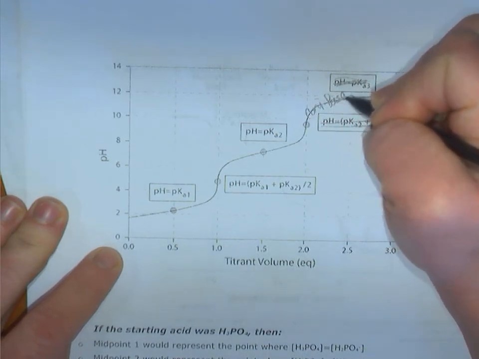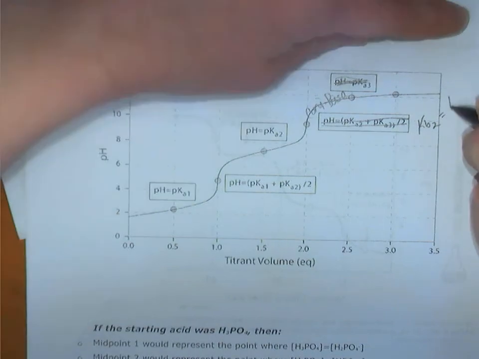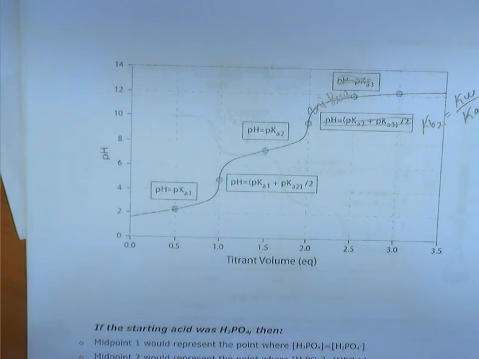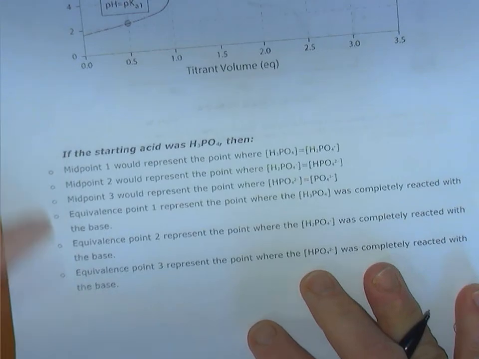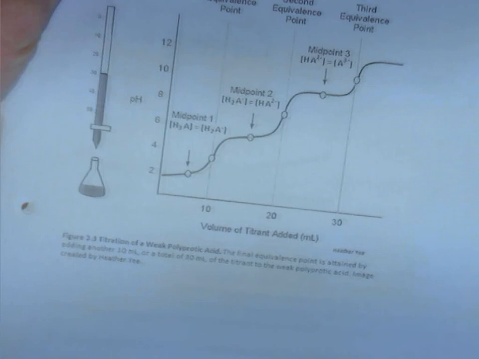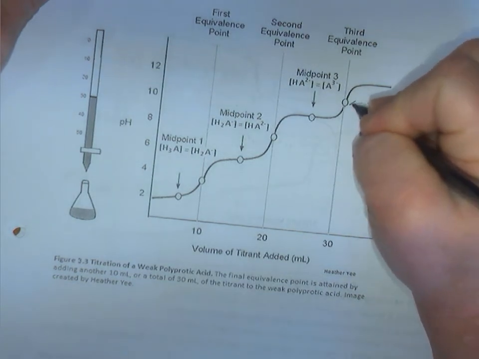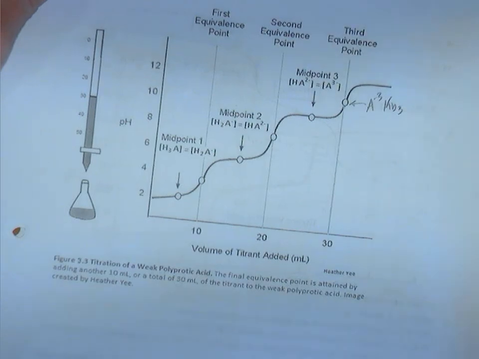And so we would be applying Kb2 that we would find by taking Kw divided by Ka2. We could have a triprotic acid. And so that's what this is talking about. And on the previous page, here is if we had a triprotic acid. Here then we would just have the base that would be Kb3 that we would be dealing with.